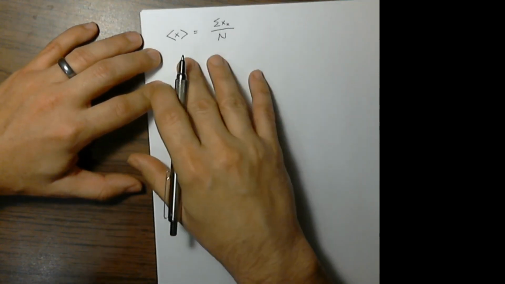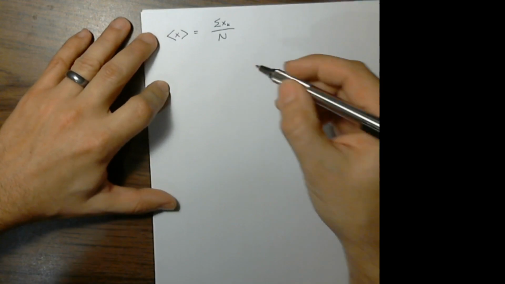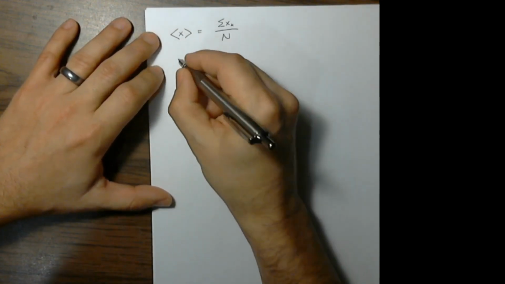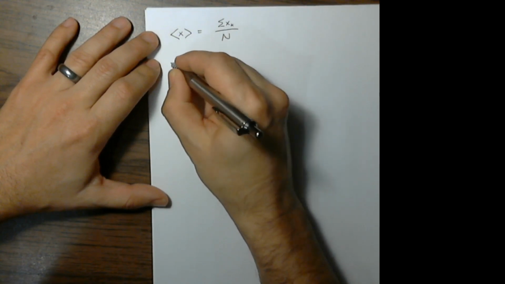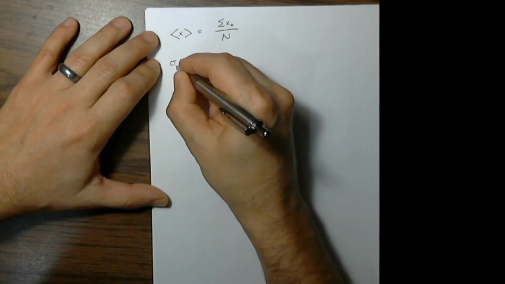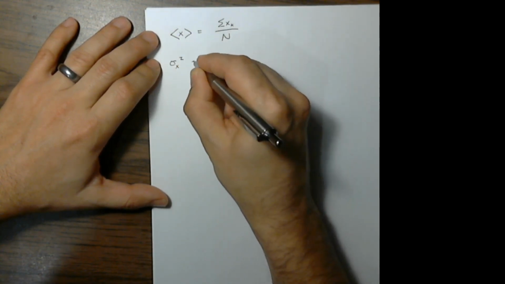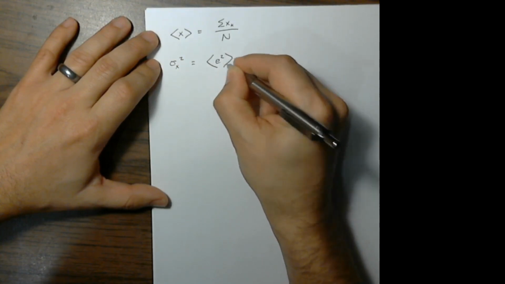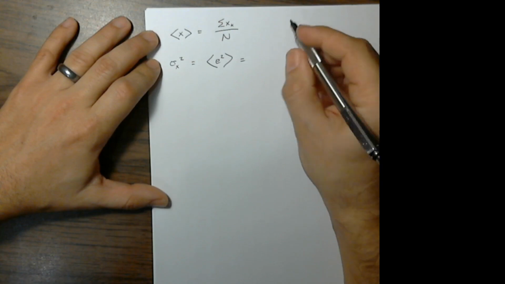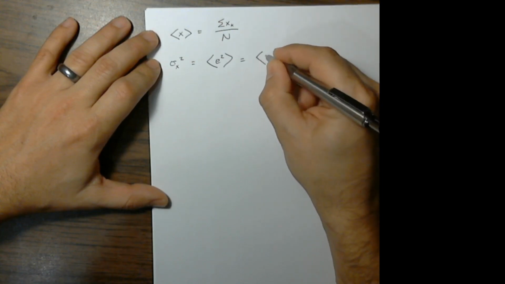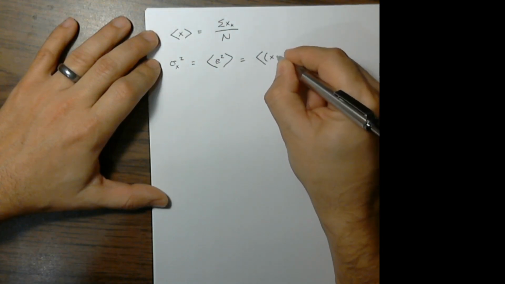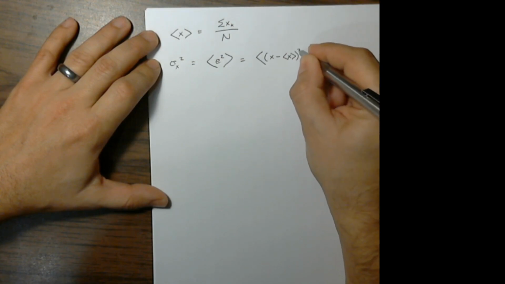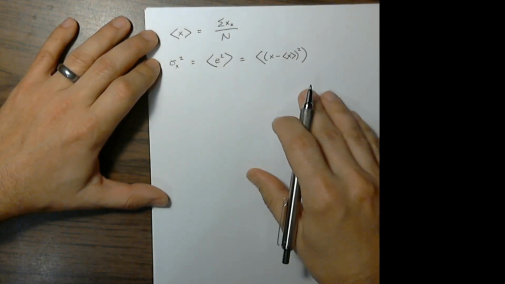So we developed the idea of the expected value, and we also set up the idea of variance. So the variance of x, we said, was the same thing as the expected value of error squared of x, which was the expected value of the difference between x and its expected value squared.